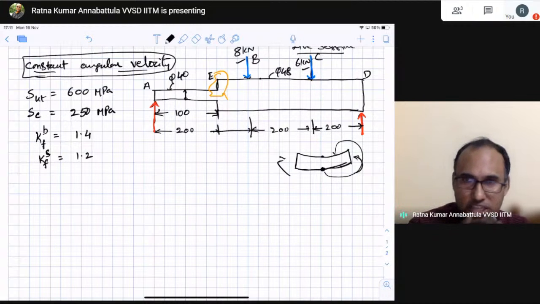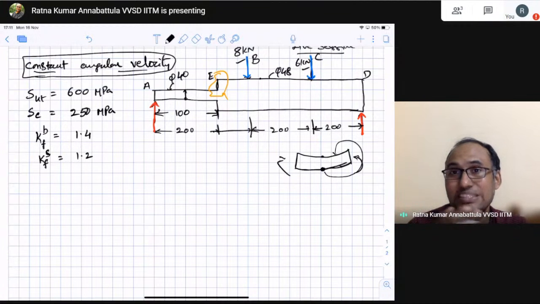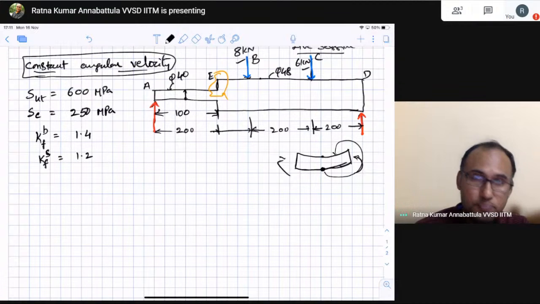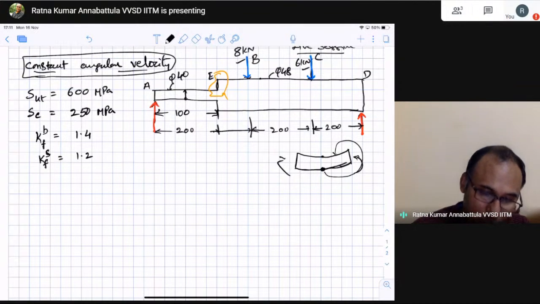While you are designing a shaft, you should ensure that the maximum stress induced in the shaft is well within the allowable stress, whatever that allowable stress may be. So you need to identify the maximum stress induced in this shaft.